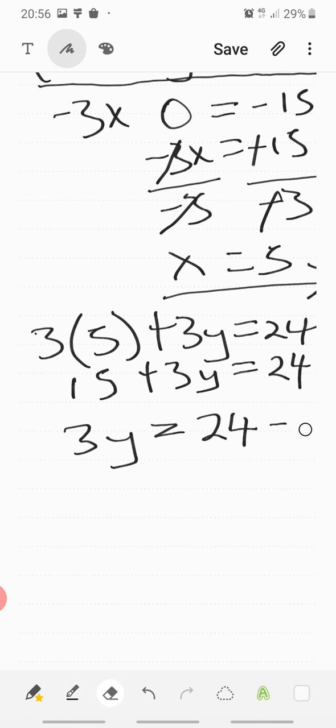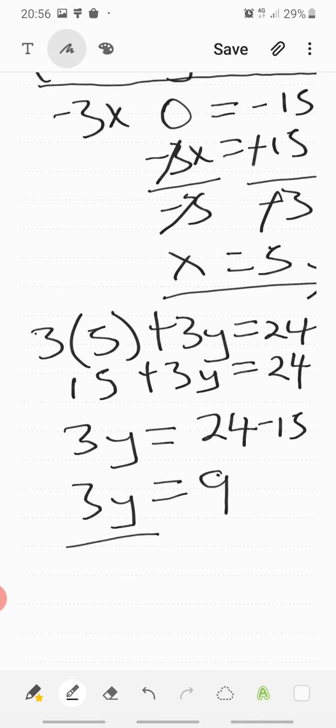So 3y is equal to 24 minus 15, which is 9.